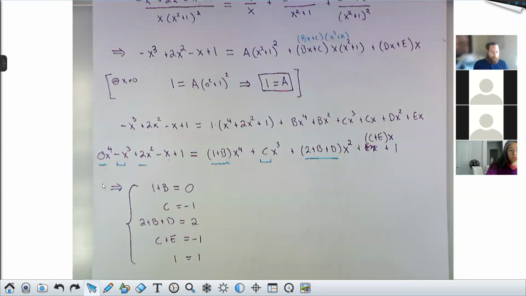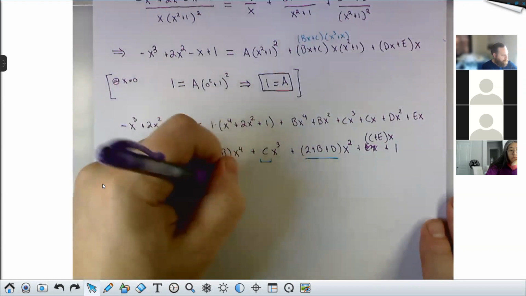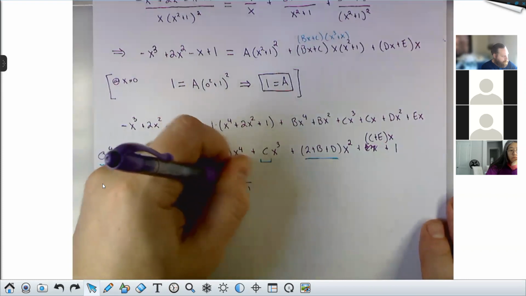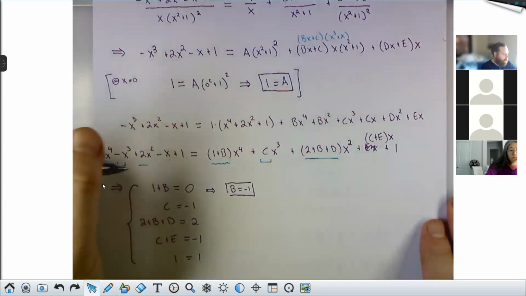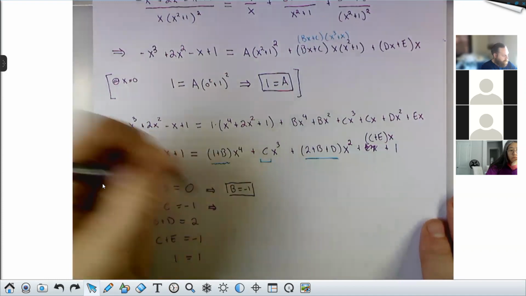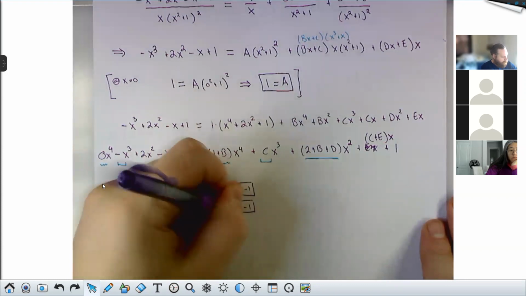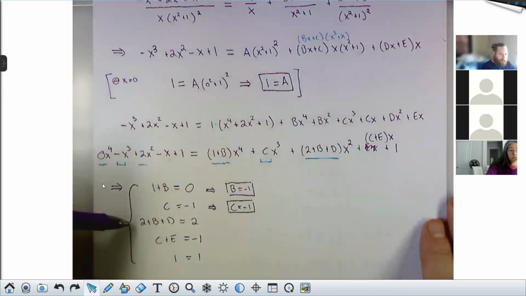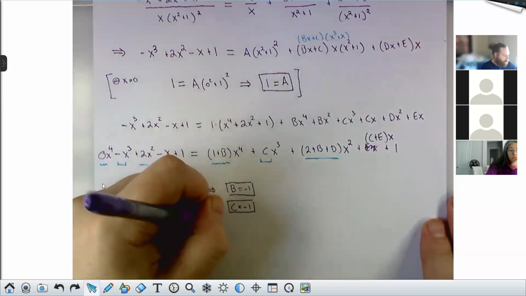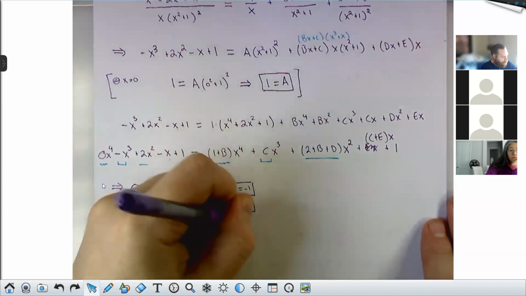So this is a pretty big system, but most of the equations are very, very simple. This first guy says b is -1. The second guy says c is also -1. This guy might look a little bit daunting at first, but then you remember b is -1. You can start by subtracting the 2 over, and you get b plus d equals 0.